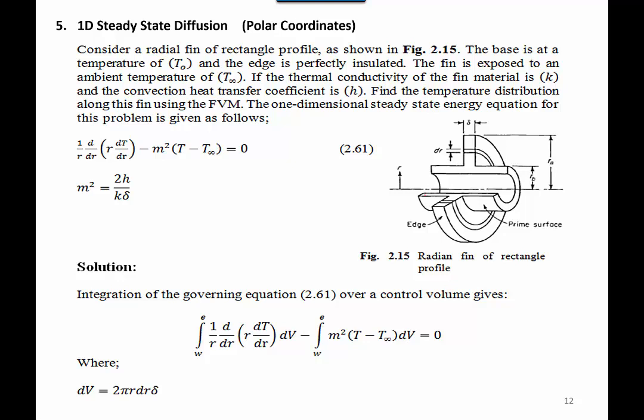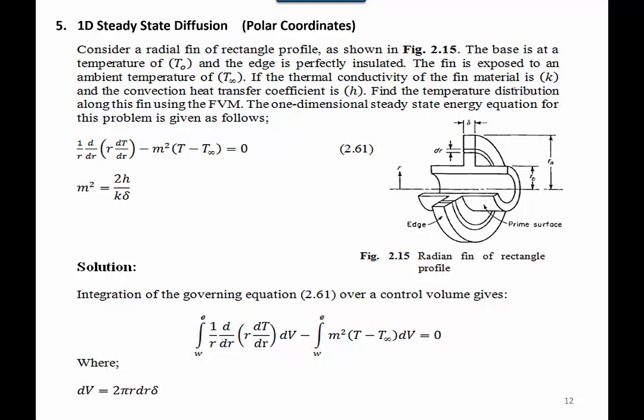This fin has a rectangular shape, and it has a base temperature T base, the same as the surface of the pipe, and it is assumed to be insulated at the tip of the fin. And this fin has inside radius RB and outside tip radius RA, and also it has a thickness of delta.